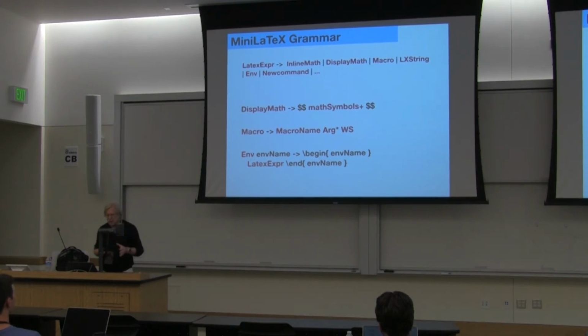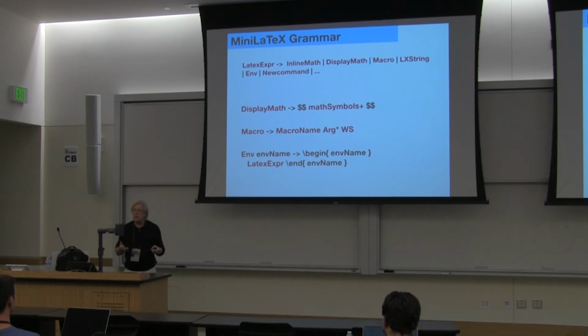The environment production is an interesting one because there's something different about it. Notice that there's both red and black on the left-hand side. So on the left-hand side of the production, you have both non-terminals and terminals. So env name stands for, it's a string, and it can be the name of any environment. It could be theorem, it could be definition, it could be joke. It's actually not limited, okay?